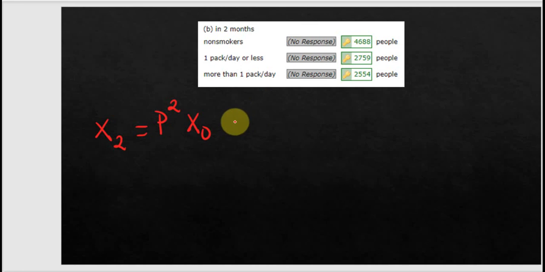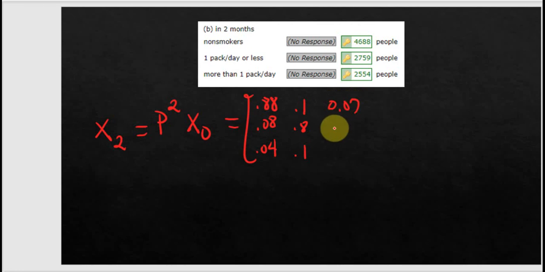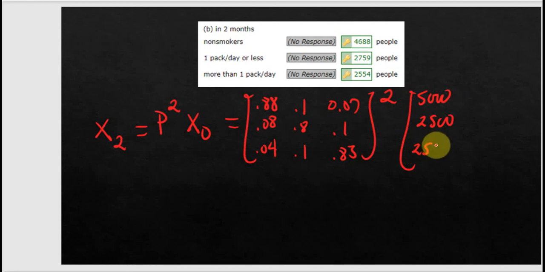And so that's the 0.88, 0.08, 0.04, 0.1, 0.8, 0.1, 0.07, 0.1, 0.83, raised to the second power, times the initial state, again, that was 5,000, 2,500, and 2,500. And don't forget to raise the power.